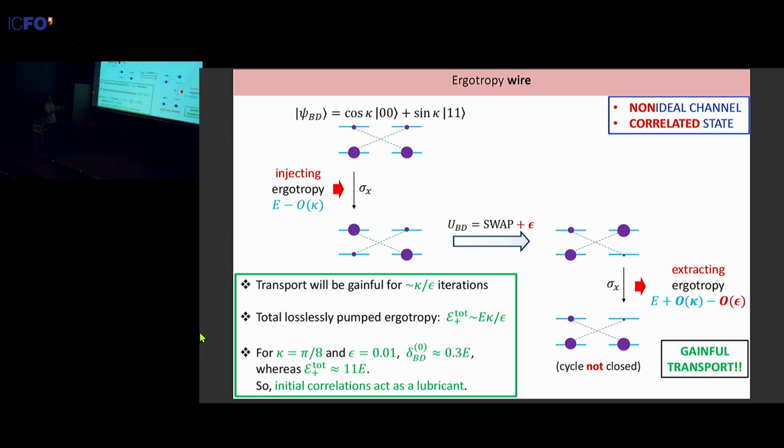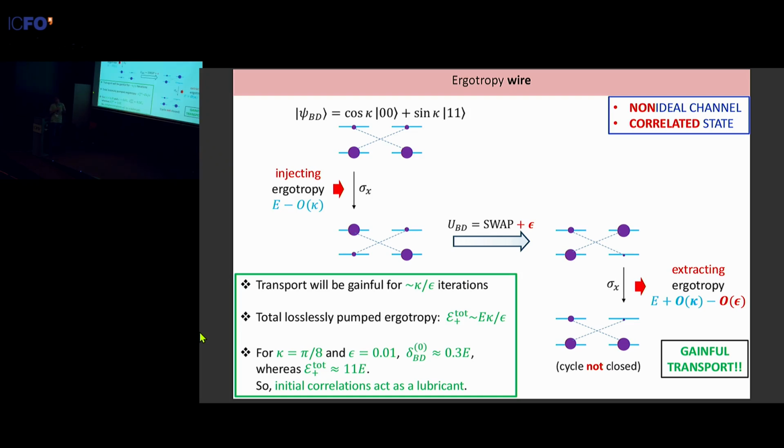So basically it is a perfect lubricant for ergotropy transport. You add a little bit of correlations, and then all of a sudden you can transport a huge amount of ergotropy without any losses. Okay, so this is one use case.